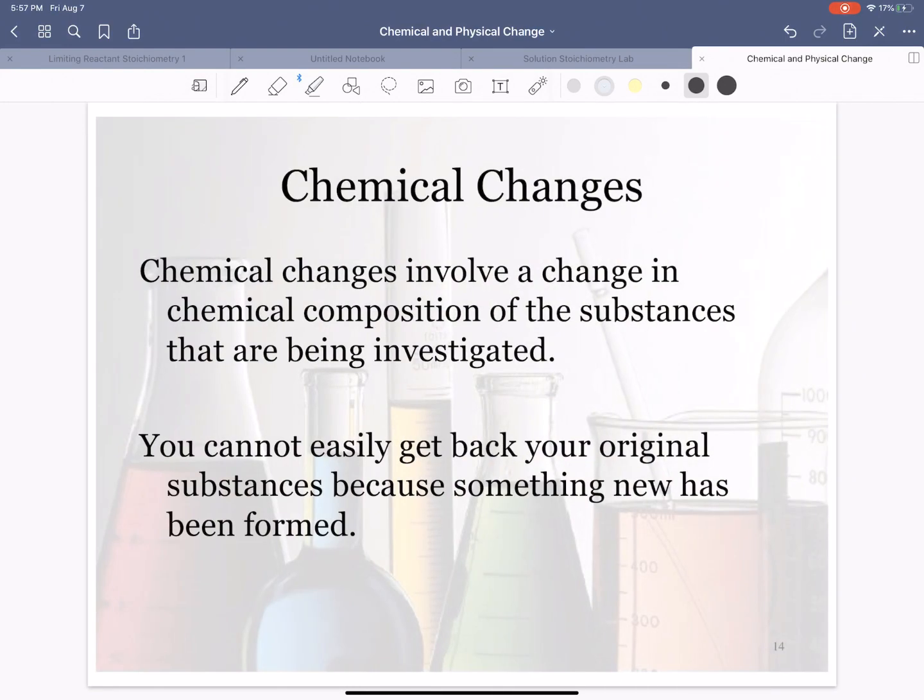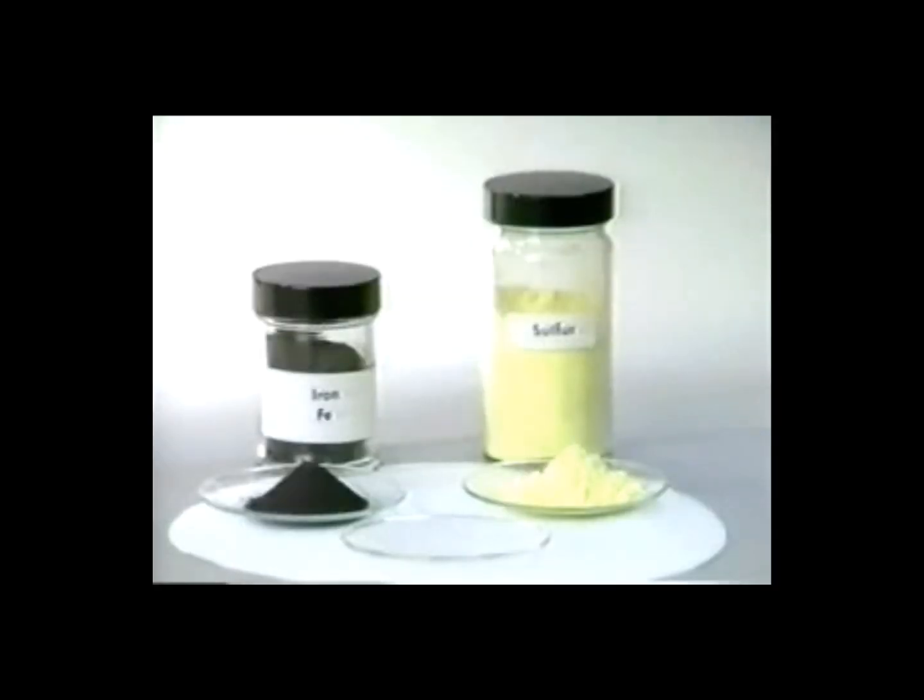Chemical changes involve a change in composition. So the substance, what you have now, is different than what you started with. You cannot easily get back your original substance because something new has been formed. In this experiment, we will first make a mixture of black iron filings and yellow sulfur powder.